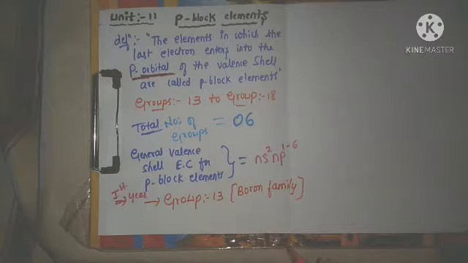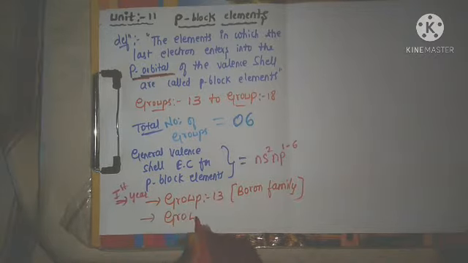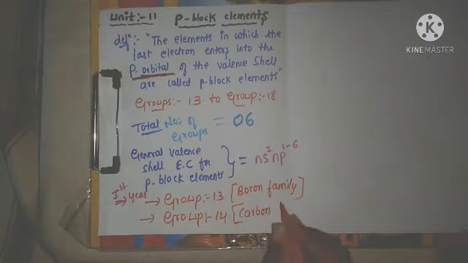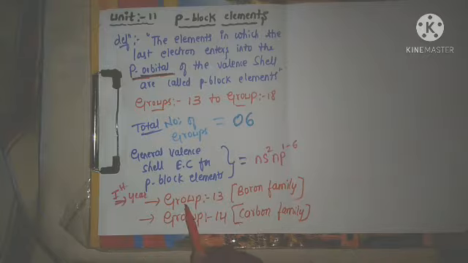And group 14, whose first member is carbon, therefore it is called the carbon family. The remaining 4 groups, 15, 16, 17, 18, we are going to study next year, in the second PUC.